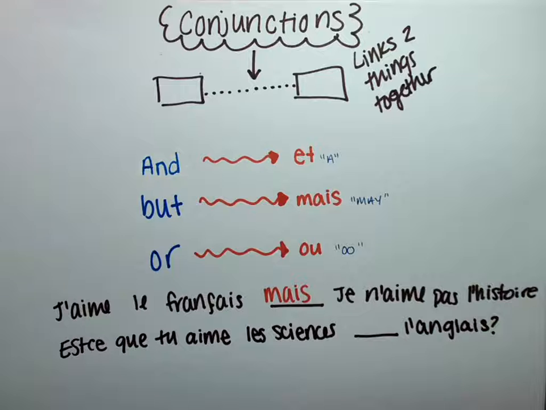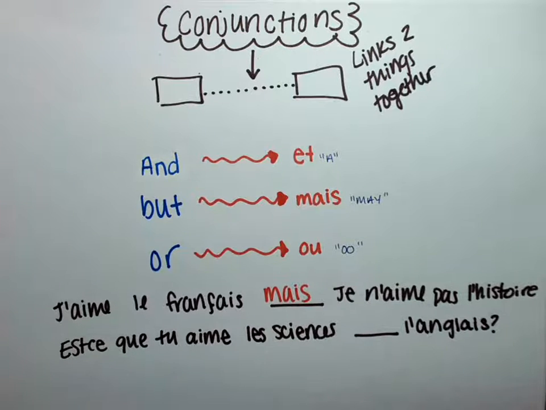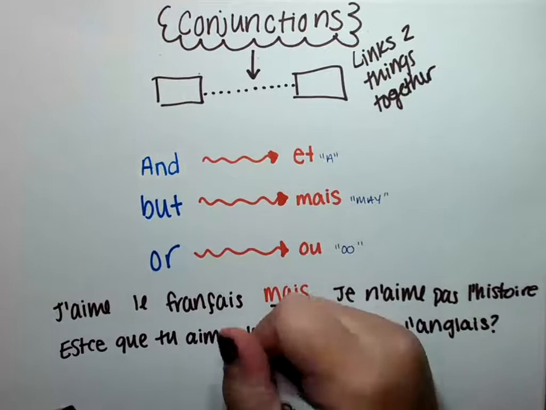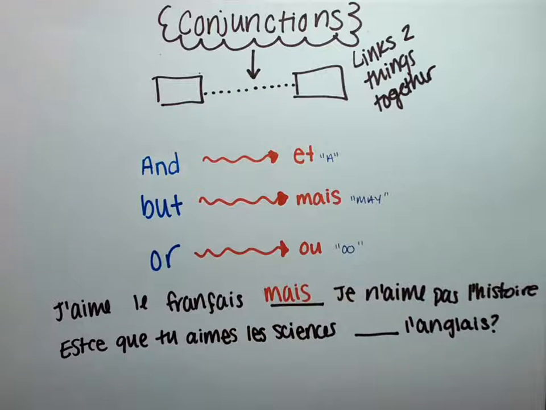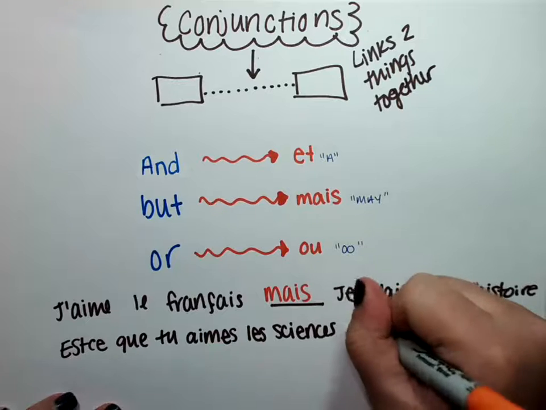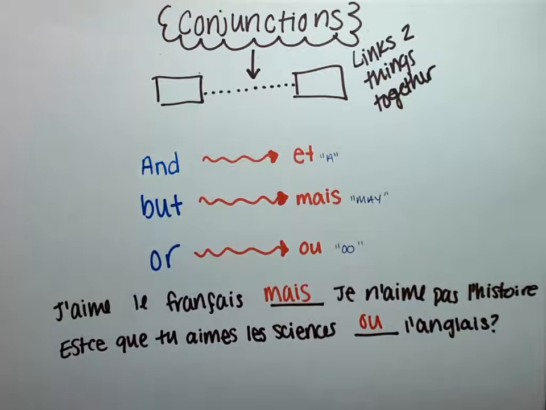So go through, figure out which conjunction you think makes the most amount of sense in that blank. Oui, it should be ou. So we're saying, do you like, Madame should probably conjugate this verb right. So do you like science or English? Because we're asking a question. So or is usually used when you're asking questions.